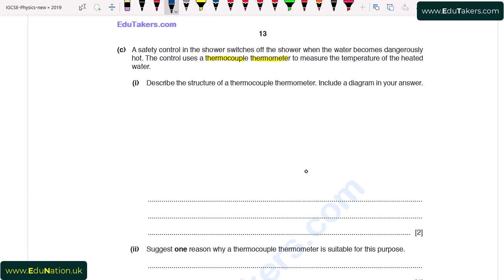So first of all, for drawing the diagram of the thermocouple thermometer, we have to know about its components. The thermocouple thermometer consists of a voltmeter, two metal wires, and also a junction. So I write here, basic components are voltmeter, junction, and metal wires. Now I am going to draw the structure of the thermocouple thermometer.